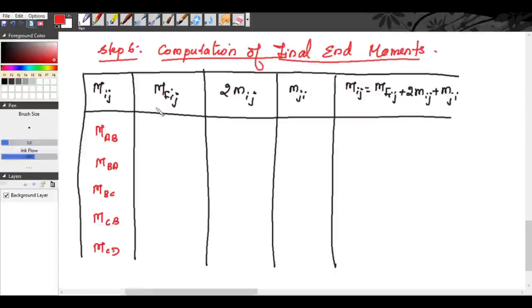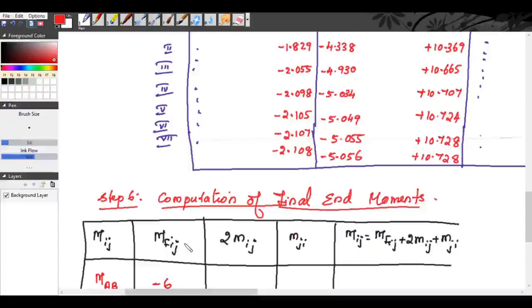In the first step, we determined our fixed end moments as M of AB equal to minus 6 kilonewton meter, M of BA is plus 6, M of BC is minus 2.4, M of CB is plus 3.6 and M of CD is minus 20.0. I forgot to write this.